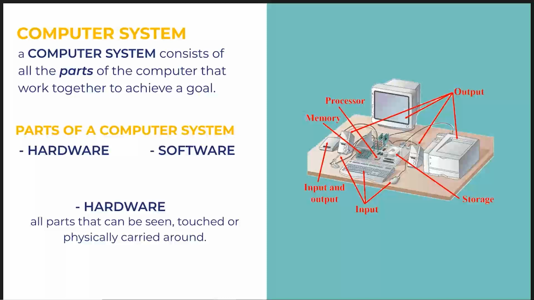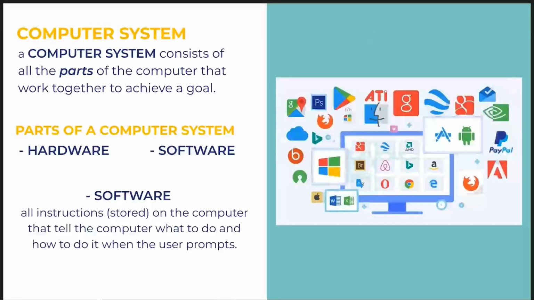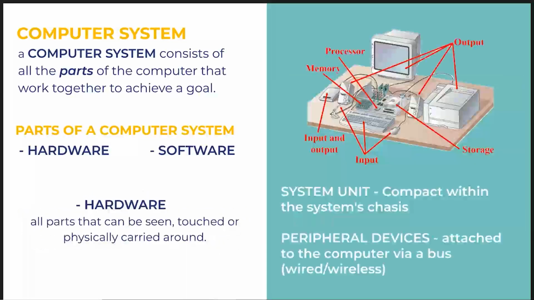Because we can see and touch them and even take them up in our hands, then they're called hardware. While the software is basically the set of instructions that tells the computer what to do and how to do it. Maybe Photoshop tells you how to edit a picture.